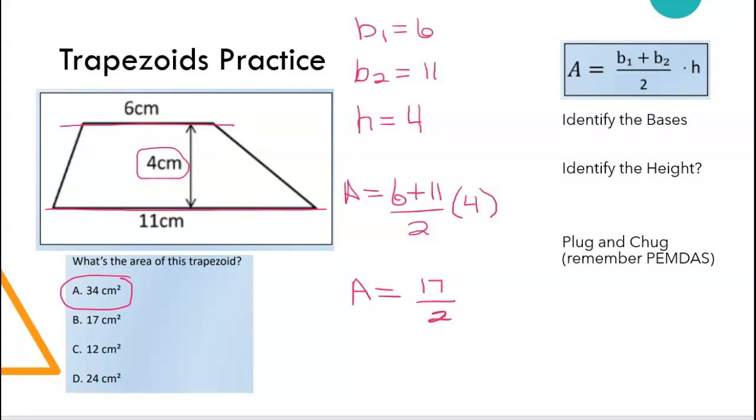Divided by 2 times 4. 17 divided by 2 is 8.5. 8 and 8, 16, 17, yeah, 8.5, that's another name for a half, times 4, there we go, that equals 34 centimeters to the second power or squared. You could have gotten A.